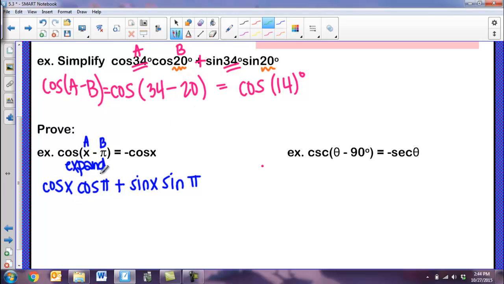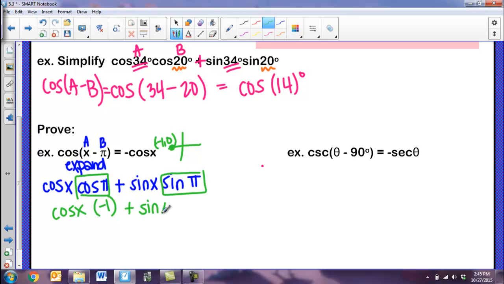Now if you remember some exact values here, we have the cosine of pi. If you use your unit circle chart or you remember your coordinates, looking at pi, my x coordinate is at -1. So I have cosine of x times -1. Okay, sine of pi, if I look at that same point, my y value is 0.